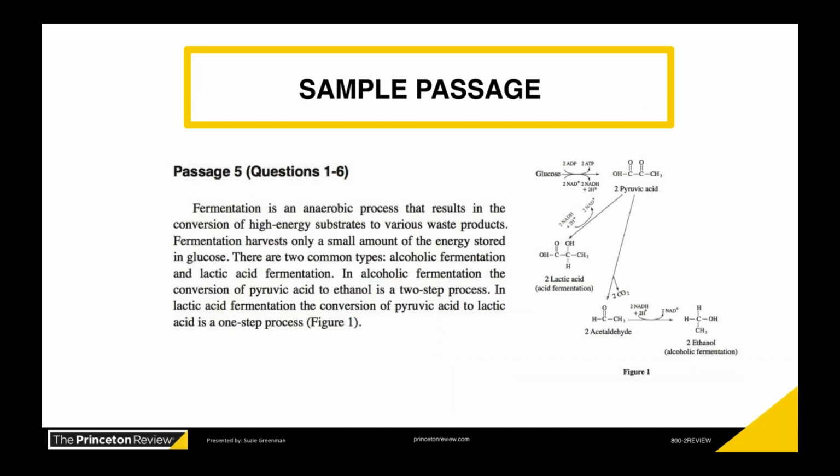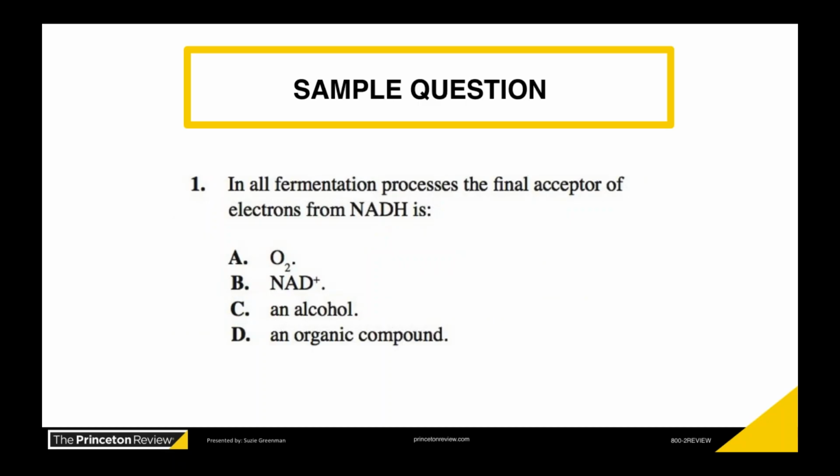All right, so again, a nice short passage. Take a second to read this. All right, so this is a pretty straightforward question. We're talking about fermentation, so we know that fermentation is an anaerobic process.